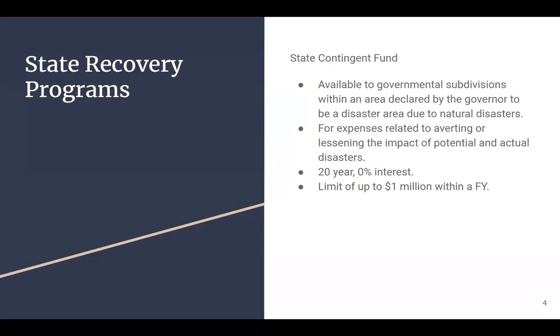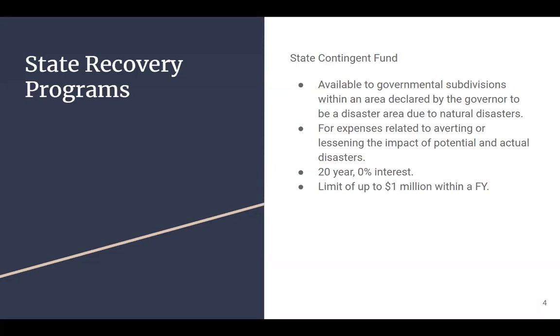Funds dispersed under the program may be expended for purposes of paying necessary expenses to avert or lessen the impact of potential and actual disasters as proclaimed by the governor. So this program can be activated through our department, whether it's a federal declared or a state declared natural disaster.